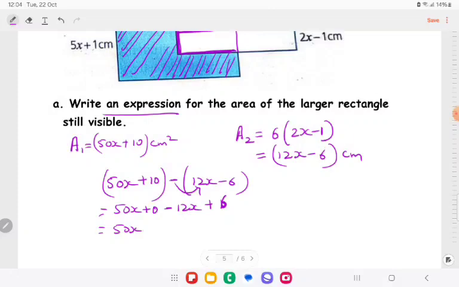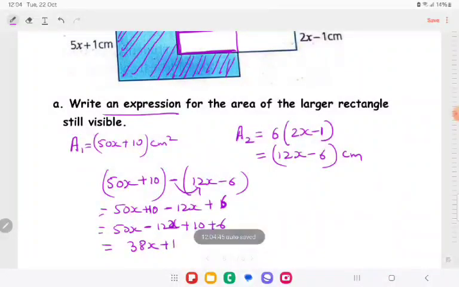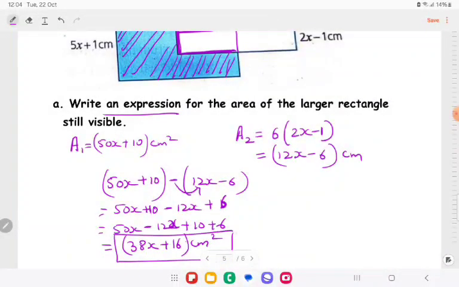Let's bring all the like terms together. Which is 50x, 50 minus 12x makes it 38x plus 16 centimeters square. Alright, children.